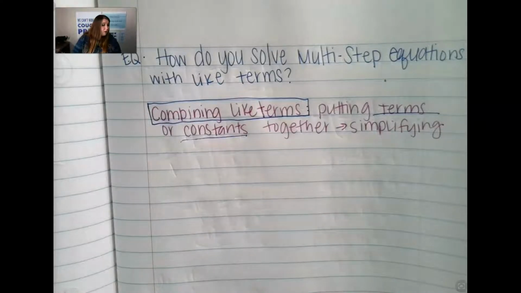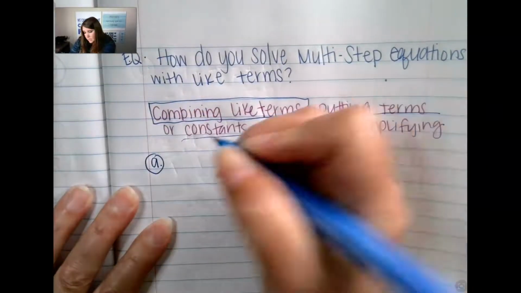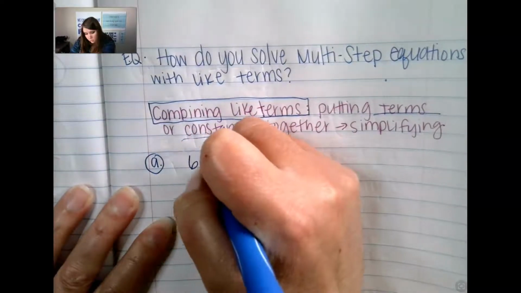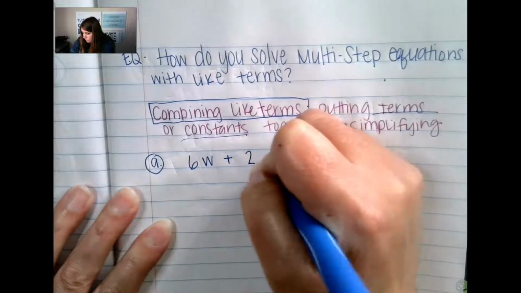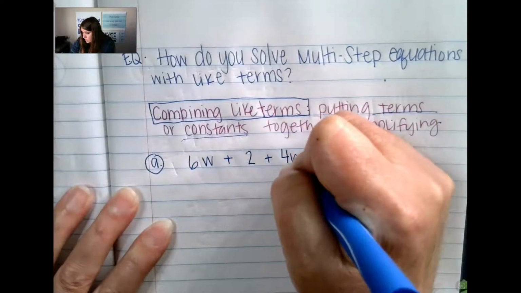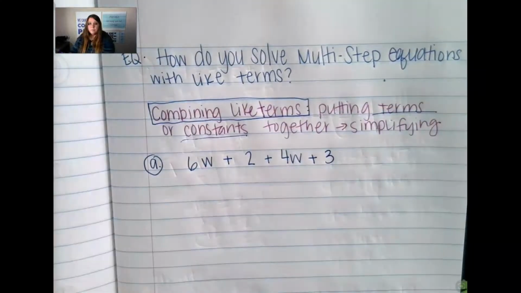Okay, so let's go ahead and talk about an example here. Let's say that I have example A. In this expression, I have 6w plus 2 plus 4w plus 3.